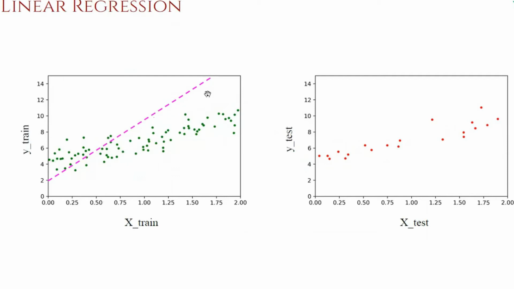Hypothesis means we are assuming this could be the best representing line. This is another hypothesis. We are assuming this could be the best line. This is another hypothesis. So here we have 4 hypotheses. And our task is to choose the best hypothesis. That means this blue line is the best hypothesis for us now.